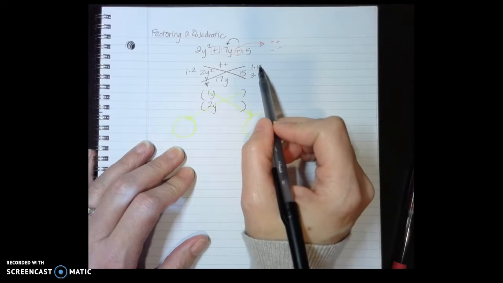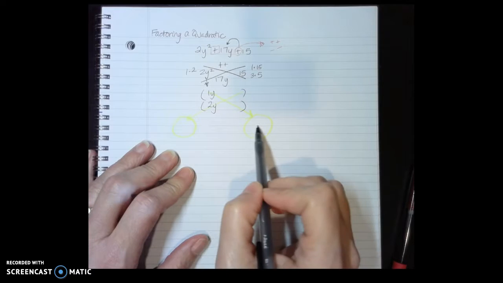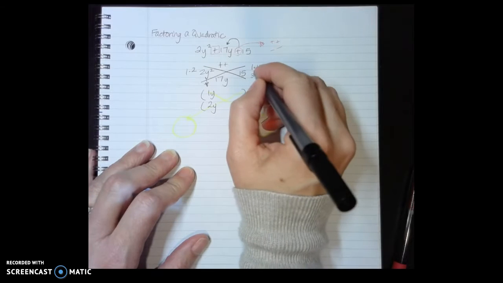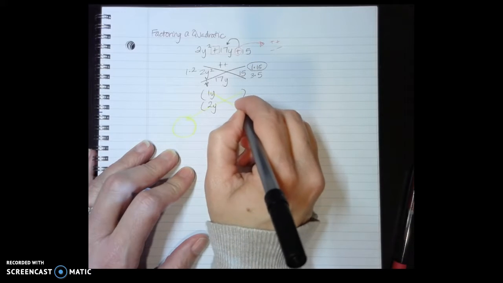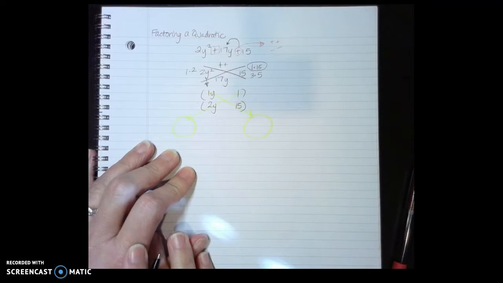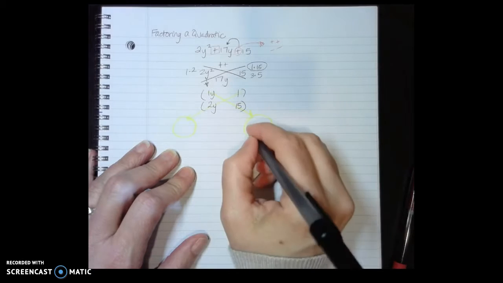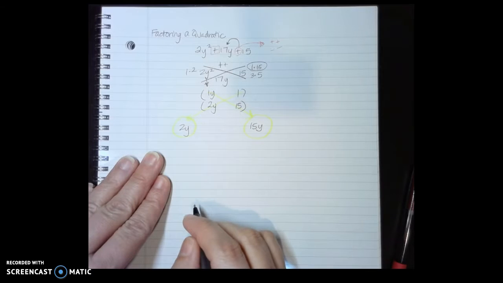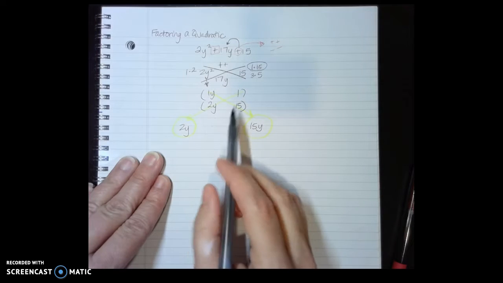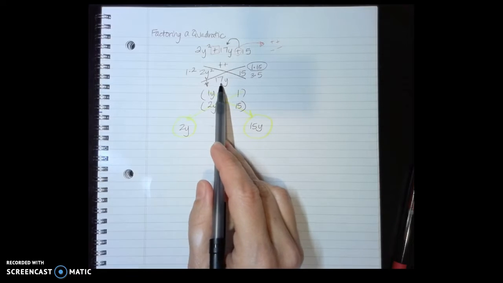I can tell already that these are going to be my guys, because if I put a 15 right here and a 1 right there, when I multiply across, that gives me 15y, and this gives me 2y, and whenever I add those together, it's going to give me that 17.